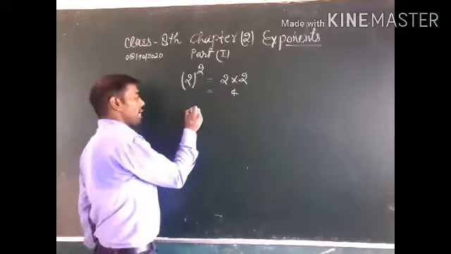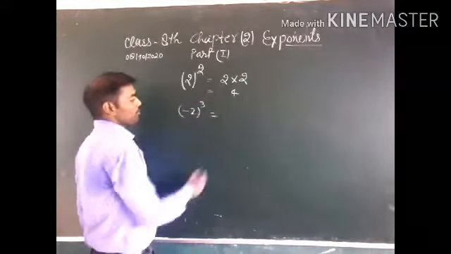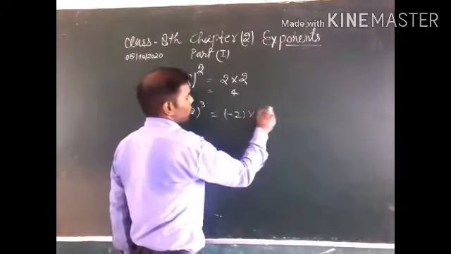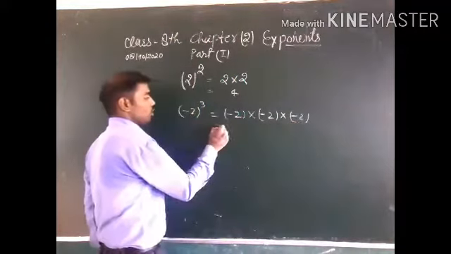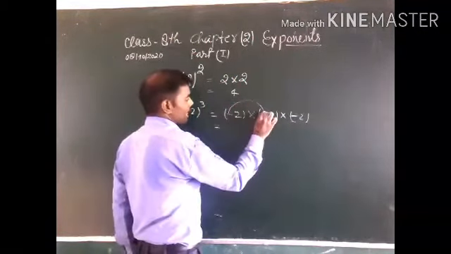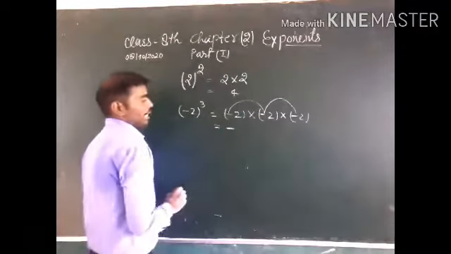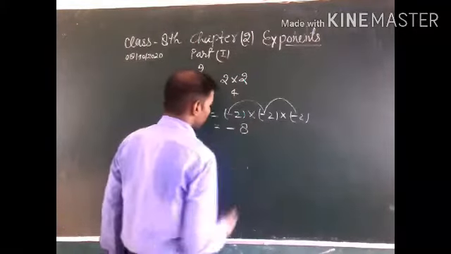And minus 2 to the power 3 is equal to minus 2 into minus 2 into minus 2. Minus into minus is plus, and plus into minus is minus. And 2 into 2 is 4, 4 into 2 is 8.